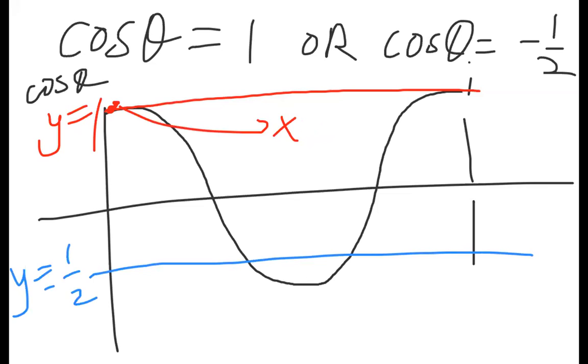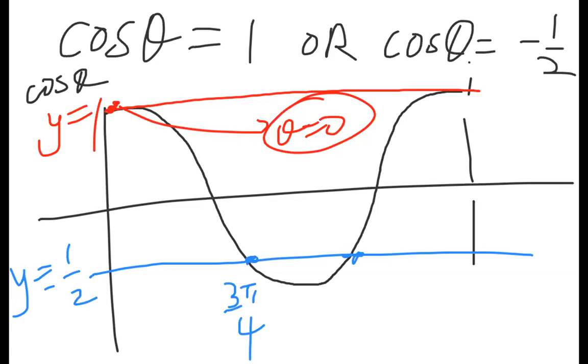Theta equal to 0. And for minus 1 half, again, use the unit circle. This is 3 pi over 4. Oh, sorry, 3 pi over 2. Wait, 5 pi over 4, sorry. And 7 pi over 4. Wait.